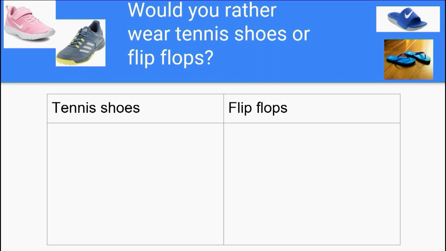Take one block or Lego from what you would like to wear, a tennis shoe or a flip-flop.